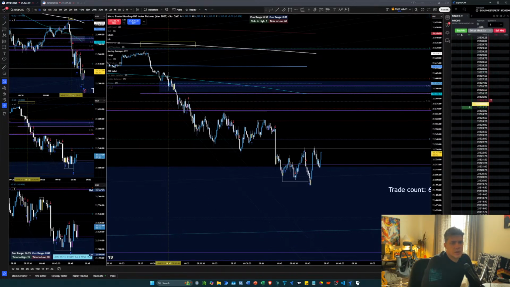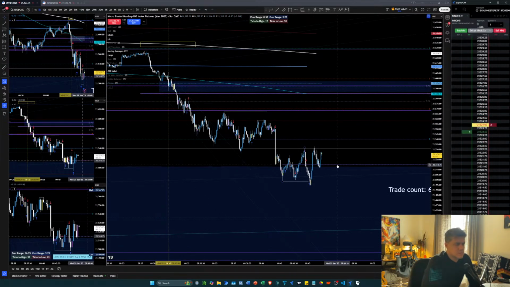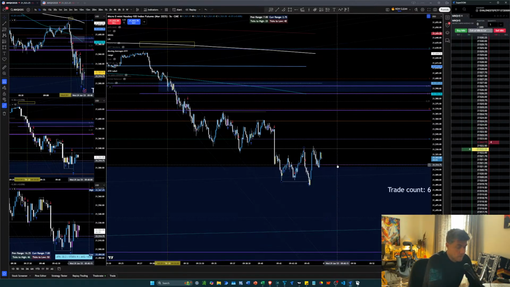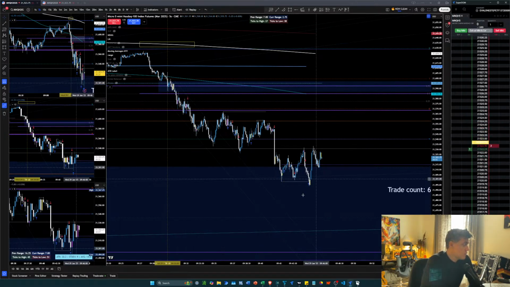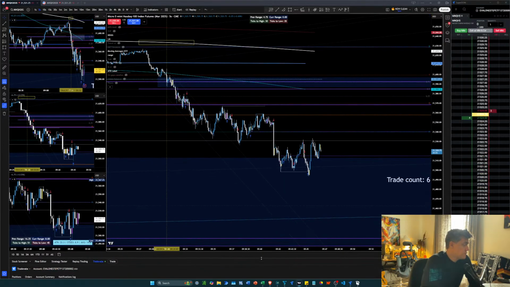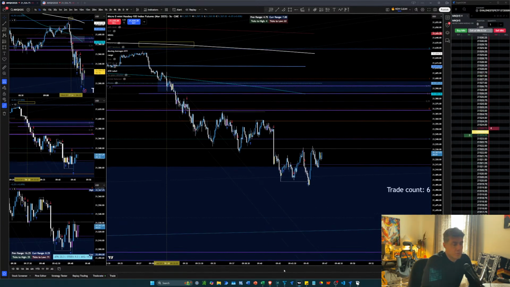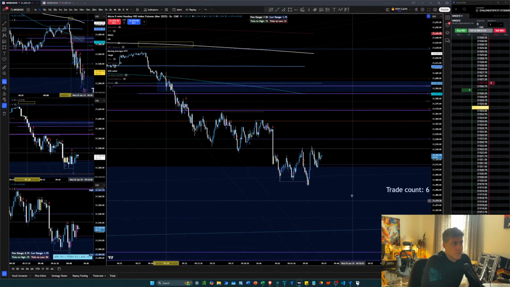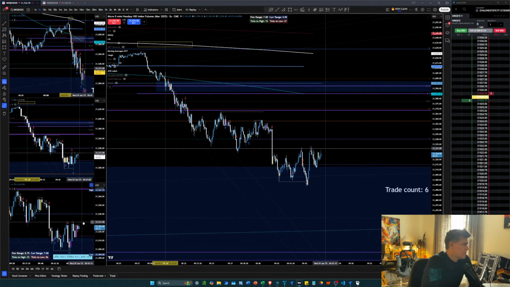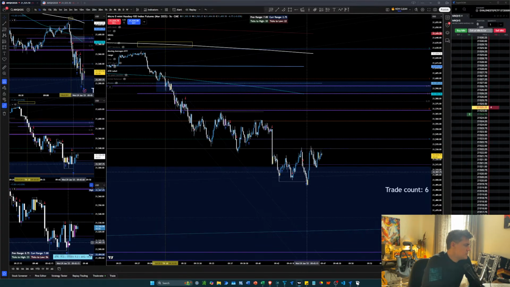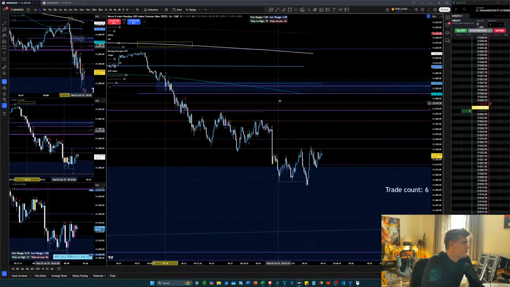Definitely just click the button there. Nice looking trigger on the 15.